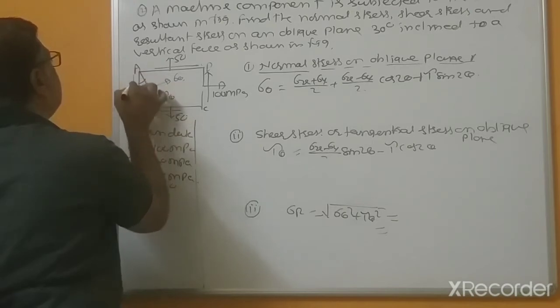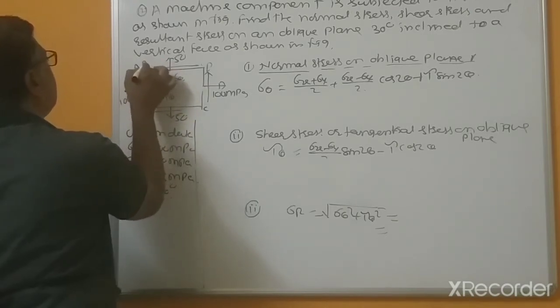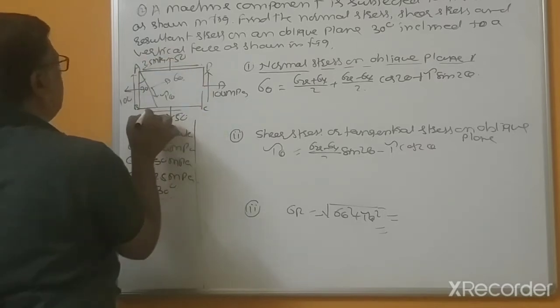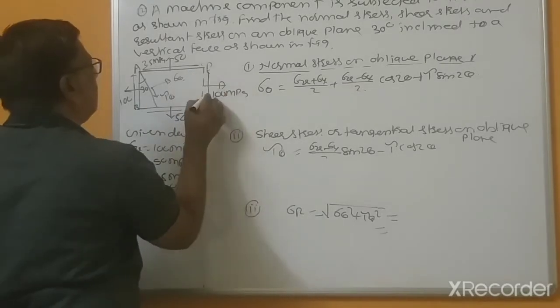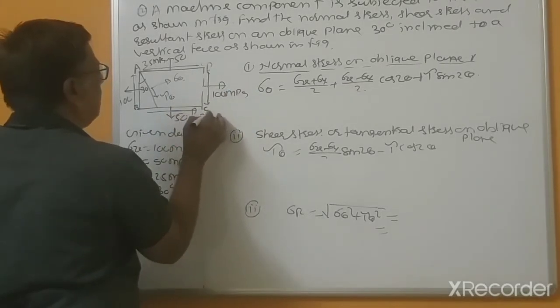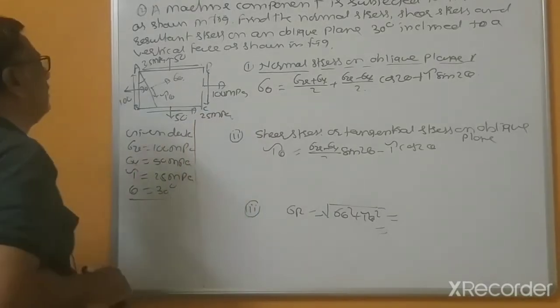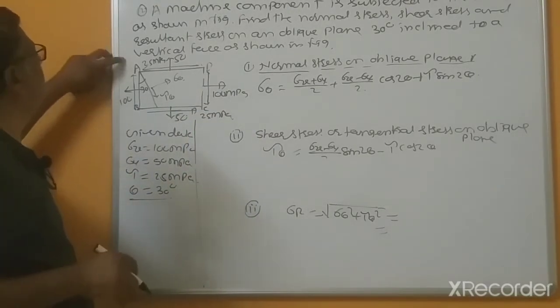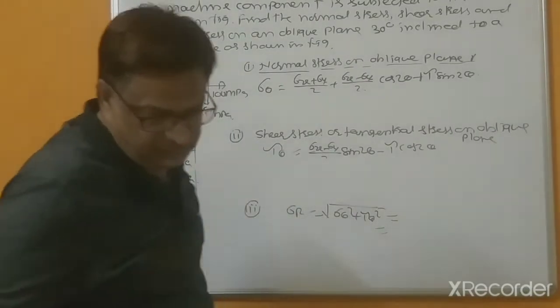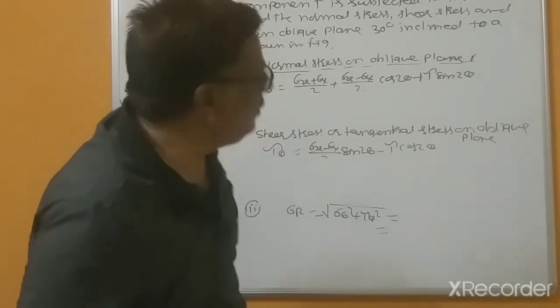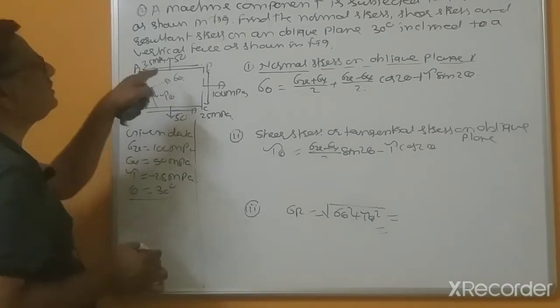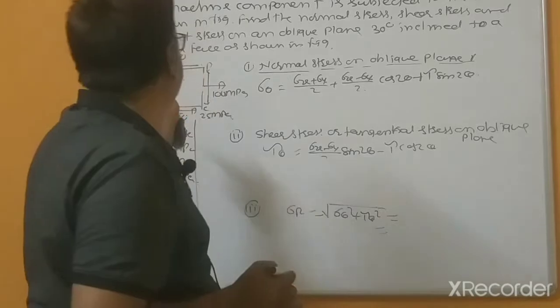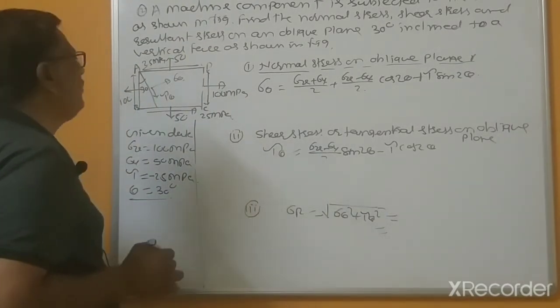This is 25 megapascal and this is downward. Now as per our sign conventions, the shear stress is towards left hand side, so that's why this is negative. Why is this negative? Because as per our sign conventions, this is towards the left side. So that's why minus 25.